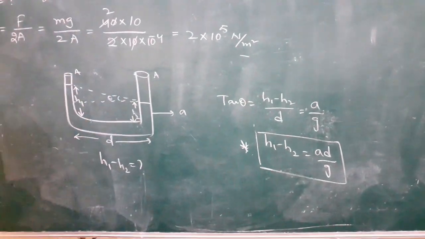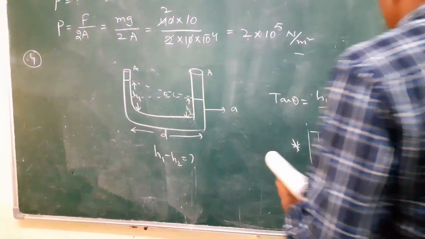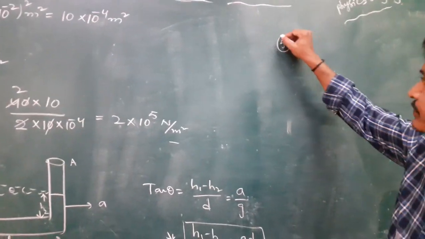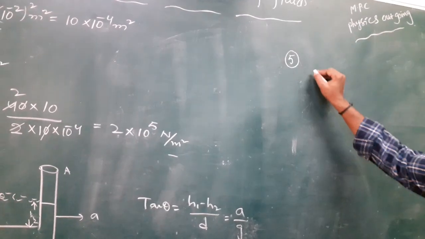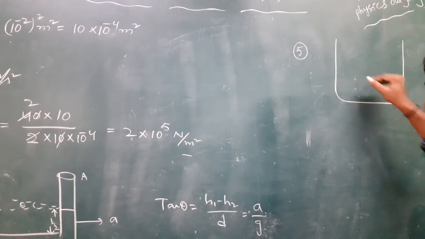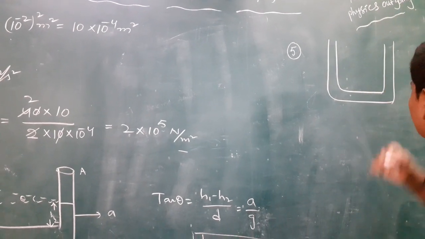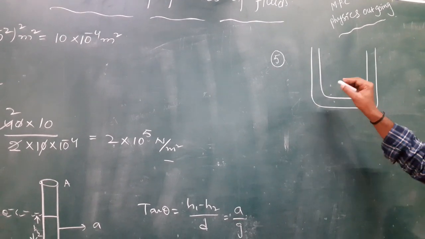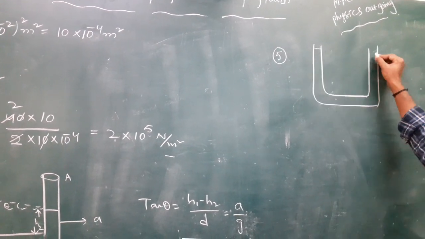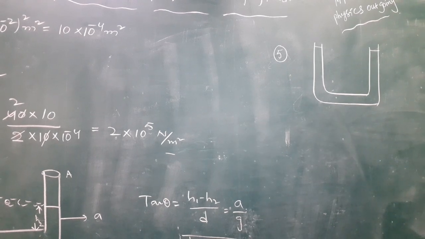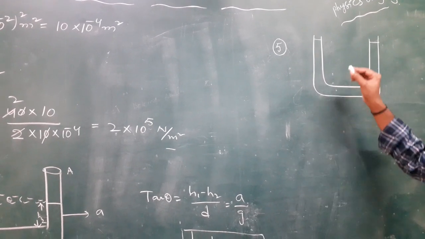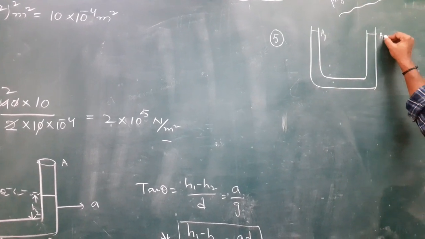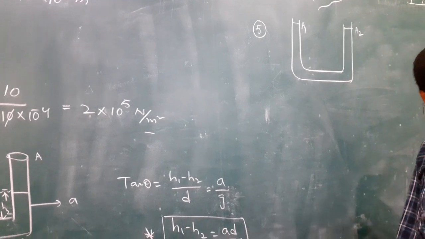Then the next problem, the fifth one. Here a U-shaped tube is filled with a liquid, with different areas of cross section on the two sides. The area of cross section at one side is A1, and at the other side is A2.